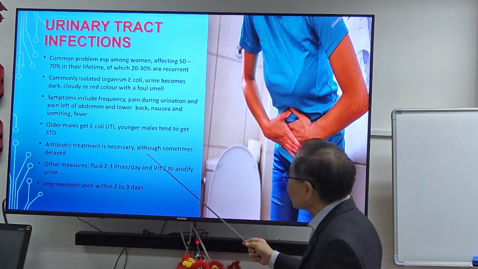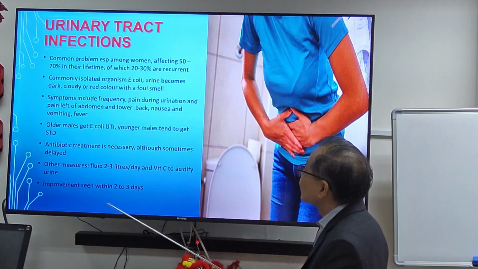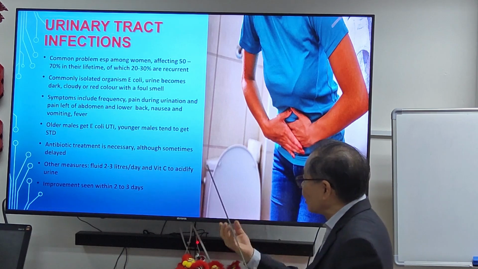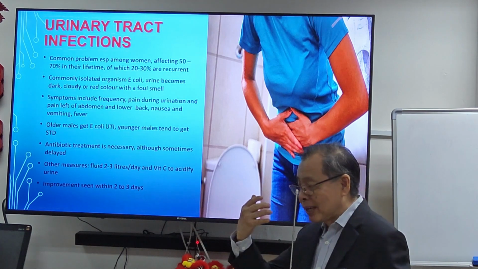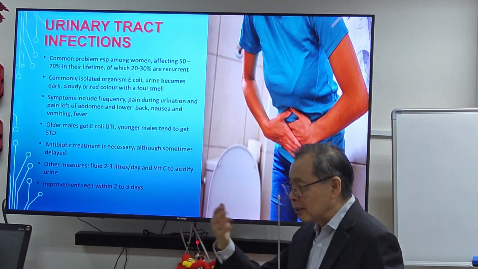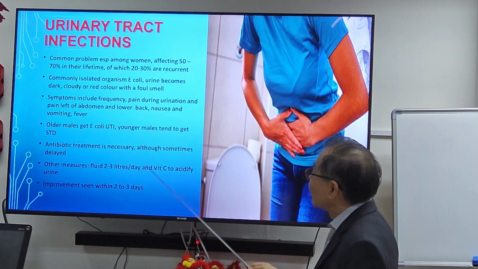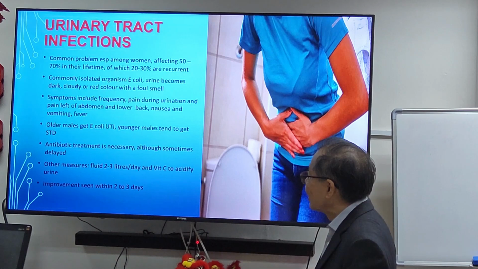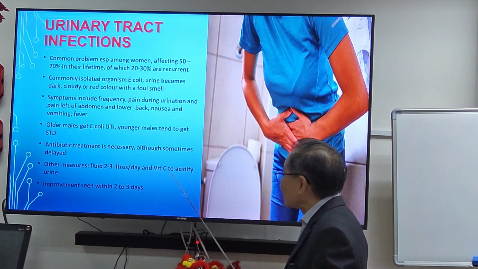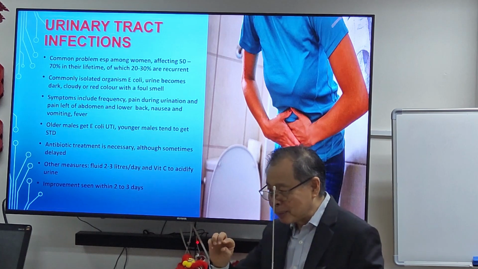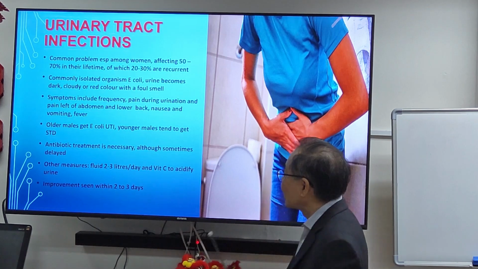Oftentimes an antibiotic is necessary to kill the bacteria. Sometimes we delay it because if the usual measures will remove the infection, we want to hold on. The two things you can do: drink plenty of fluids and take vitamin C, to make sure that your urine becomes acidic to kill the bacteria.